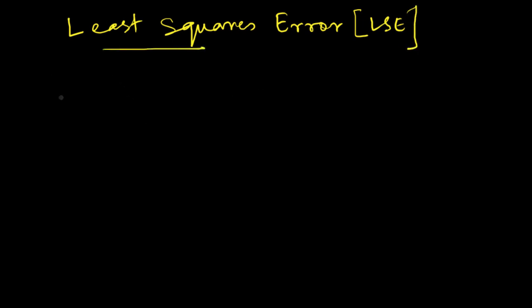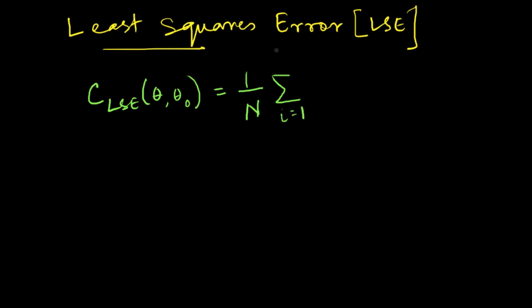So in that case, what we will have is that our cost function LSE, which is a function of the parameters theta as well as theta naught, that will be equal to 1 by n, where n is the total number of input data points, summation i is equal to 1 to capital N of (yi, which is the known output, minus hi) whole square. And this is what we would want to minimize.